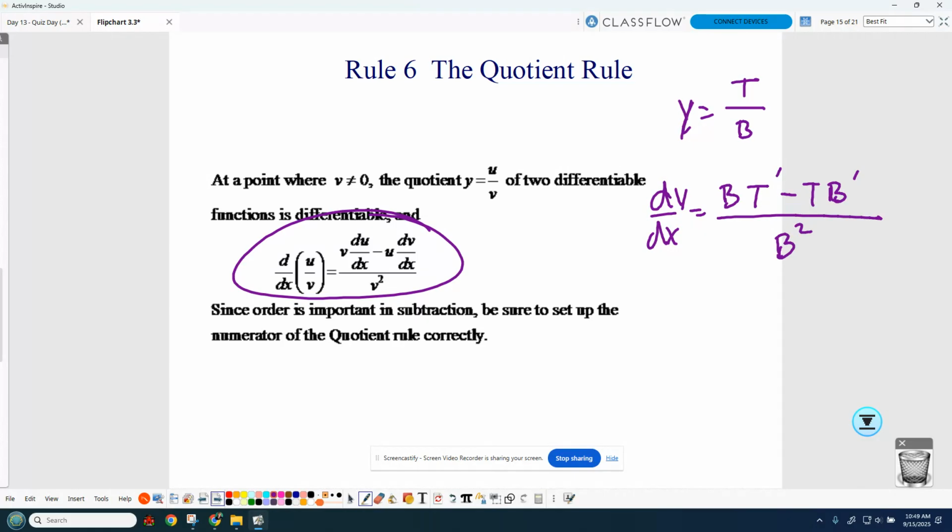And there's a sing-songy thing that people say. I've always just said low D high minus high D low, but I'm not sure if that's the actual rhyme. Low D high minus high D low over low low, or low squared.